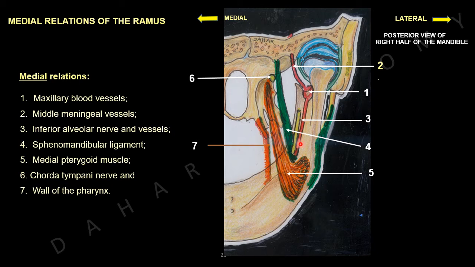Number 4, sphenomandibular ligament. Number 5, medial pterygoid muscle. Its lower end is attached to the angle, and then lower part of the ramus of the mandible, and then chorda tympani nerve, number 6, and number 7 is wall of the pharynx.